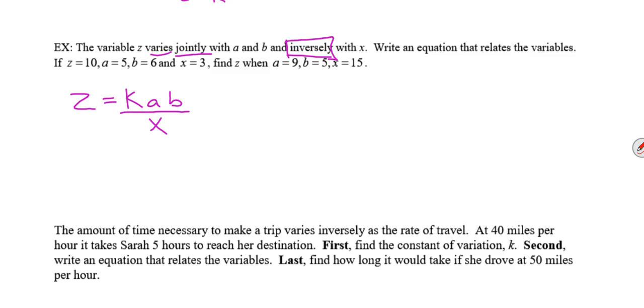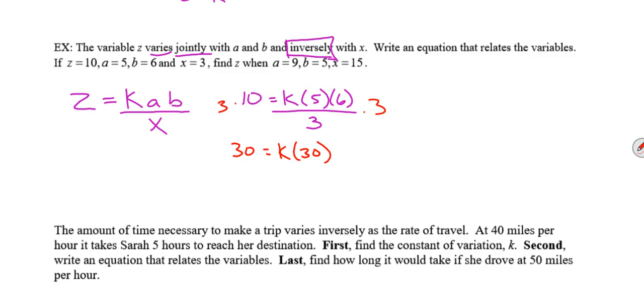Okay, so now let's figure out what we have. It says z is 10. Don't know k. But a is 5 and b is 6 and x is 3. Okay, so plug that in. Let's solve this. I'm going to multiply by 3 on both sides. So 30 equals k times 30.